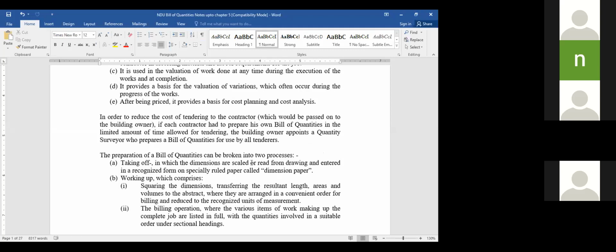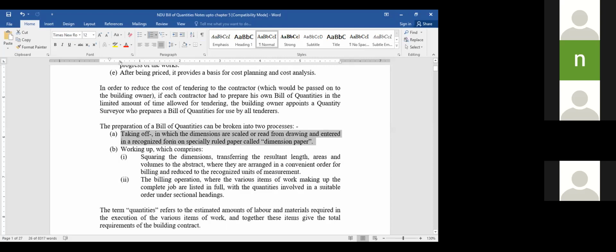So we're saying this is a process in which dimensions are scaled from the drawing and entered in a recognized form on special ruled paper called the dimension paper. So this is going to be much of our point of focus, especially as far as measurement of works is concerned. This is the main focus, taking off. We shall dig deeper into it and we shall be able to see it.